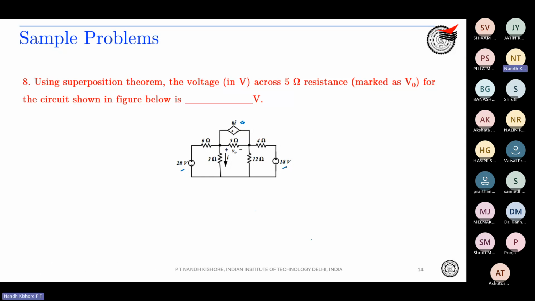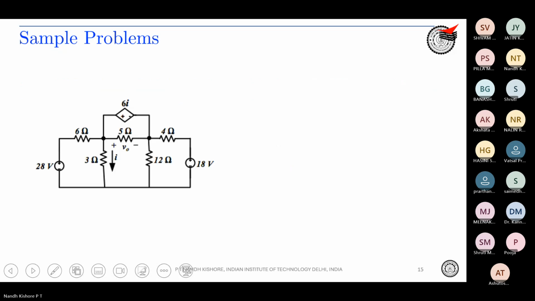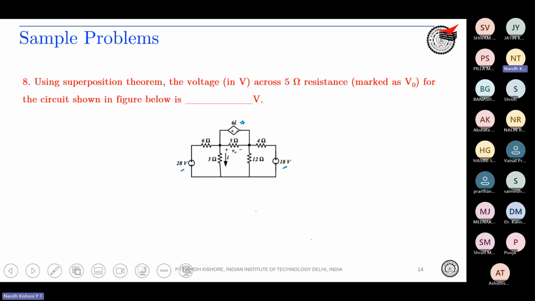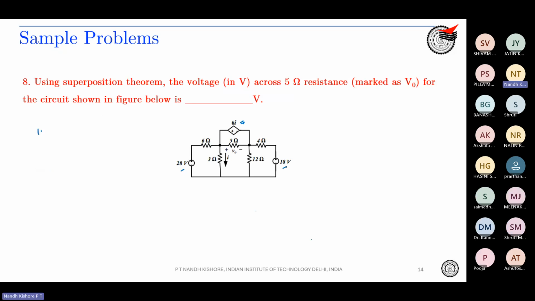So what we will do is, in case A or case 1, let's disable the 28 volt source and keep 18 volt active. So we will be getting a value for V naught. Let's call this V naught 1.